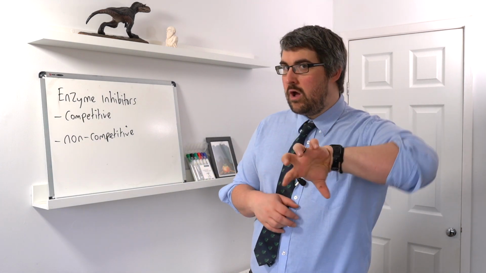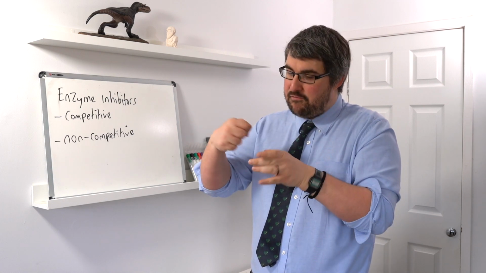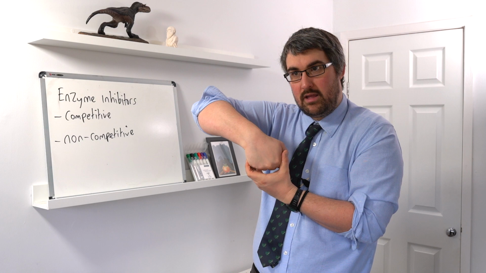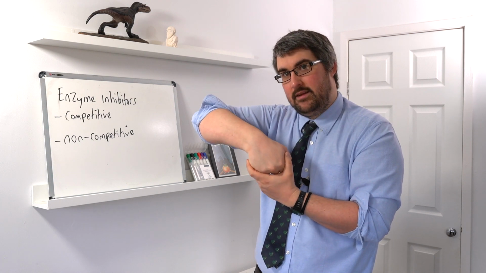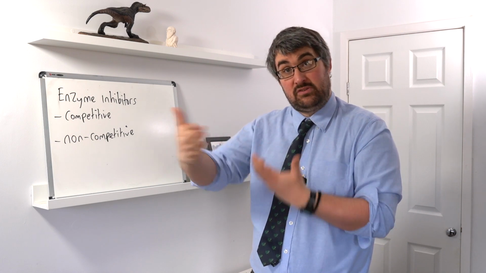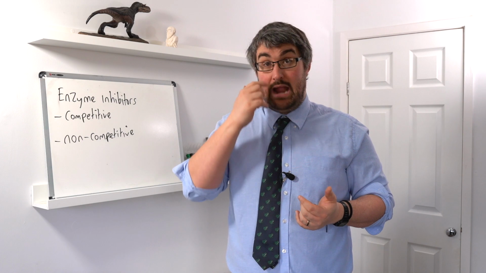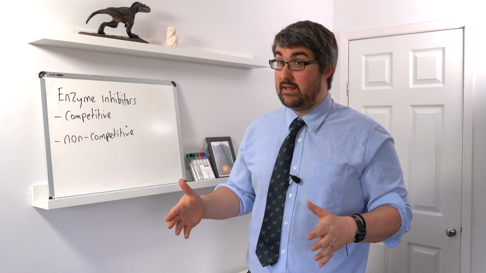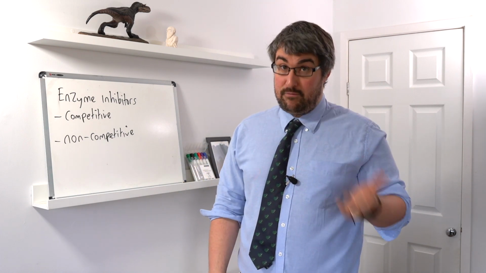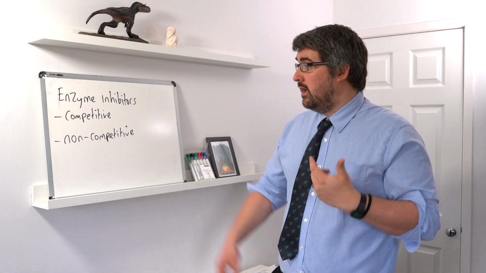You'll notice that these molecules have a superficially similar shape to the substrate, so they can fit into that active site. And once they bind, they're out-competing any of the substrates. They're preventing any enzyme substrate complexes from forming. So obviously that's going to prevent that reaction from occurring, and it will slow the whole thing down, or even stop it entirely if your concentration of competitive inhibitors isn't high enough.